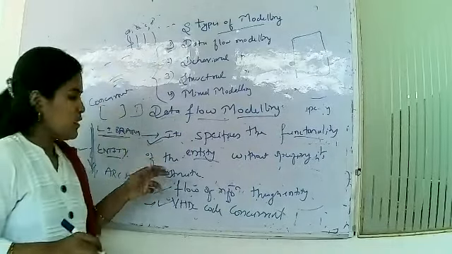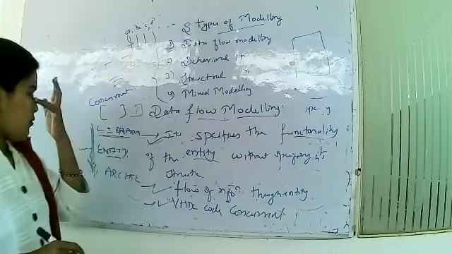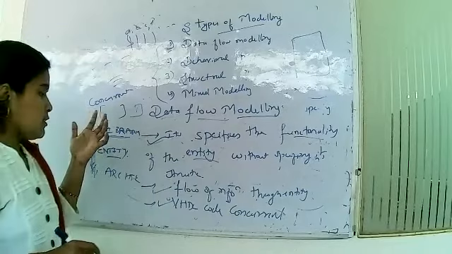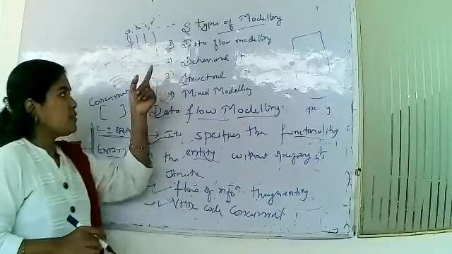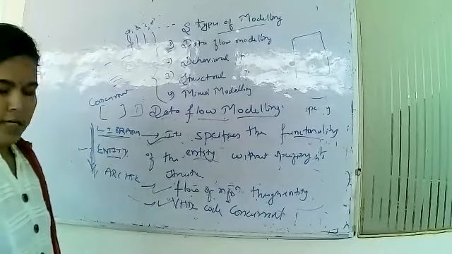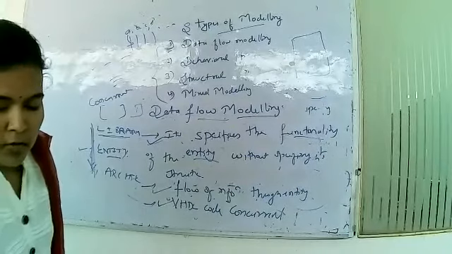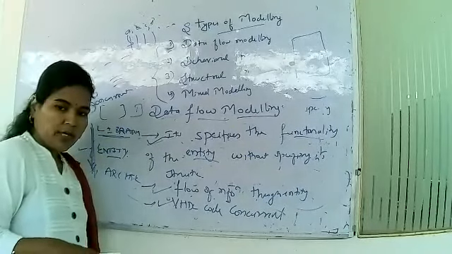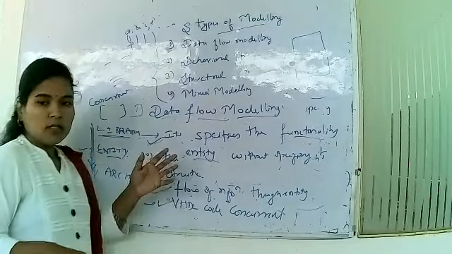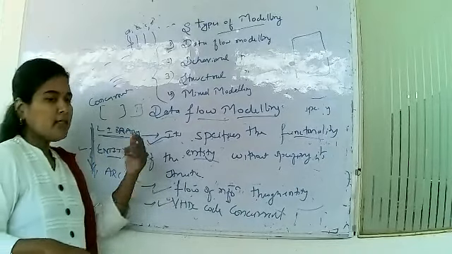In this one, we have to study the different statements and different syntax to understand data flow modeling. Did you understand now? What is data flow modeling? There are different styles for the architecture of the body, to represent the architecture according to your design.